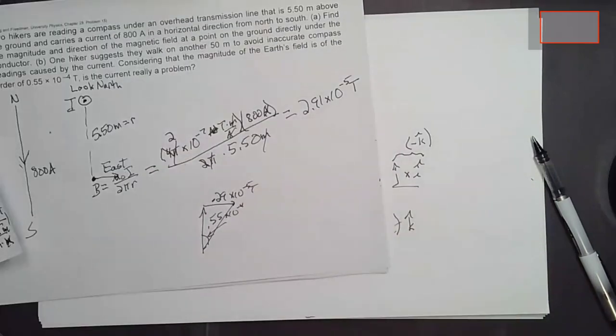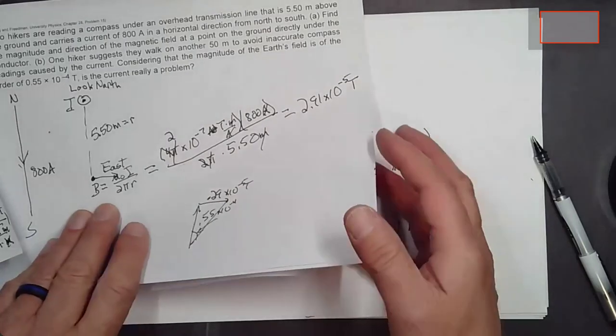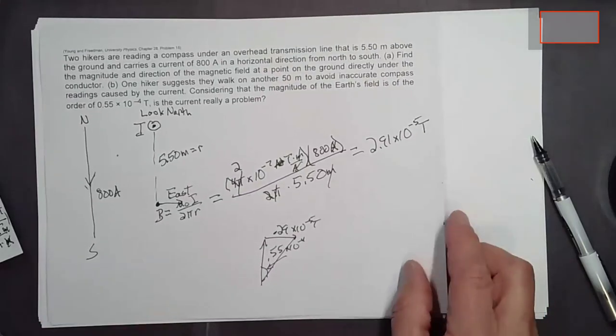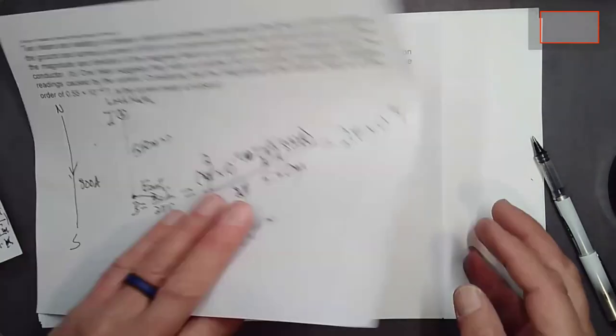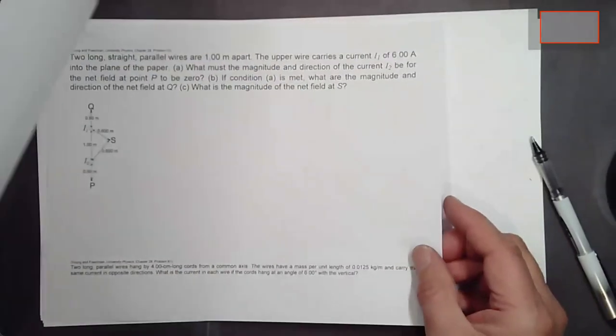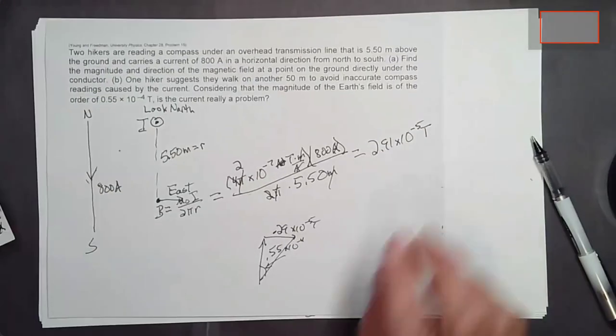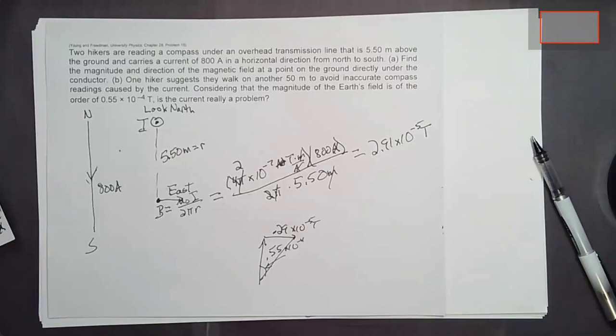But that's an introduction to magnetic fields of currents. And we'll do a bit more with this tomorrow. I've got a few more example problems of this type, and get accustomed to doing these kinds of calculations.